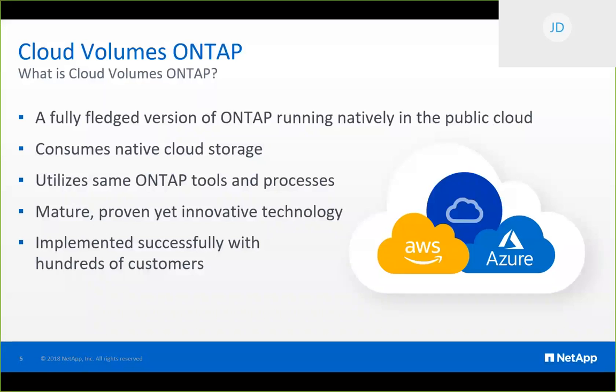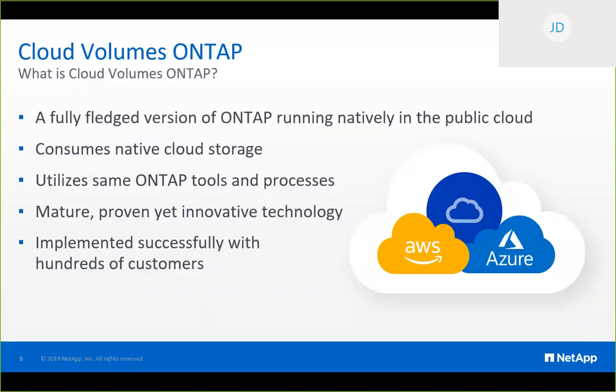It's a really cool service, and one of the most interesting things about it is that it's a mature, proven technology. ONTAP has been around for 25 years. It's been battle tested by enterprises all over the world, but we've modified it so that you can utilize it in this very modern cloud consumption model, which is especially well suited for DR.